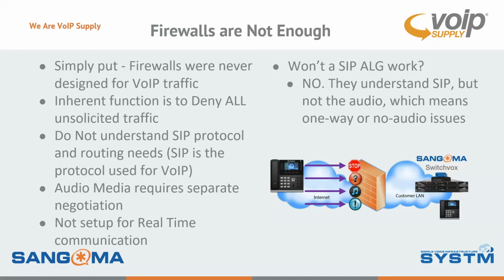Also, firewalls are not designed for real-time communication. You may or may not know, but if you have a very high-level firewall with unified threat management, as it's monitoring emails going through its network, it may take several seconds to reach out to a database. Is this spam? Is this not spam?